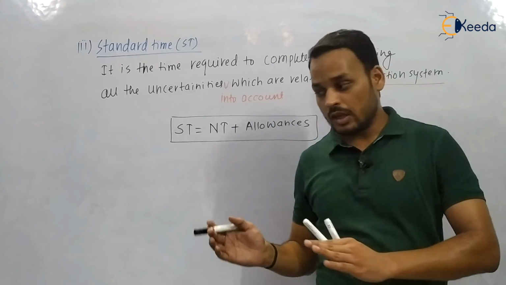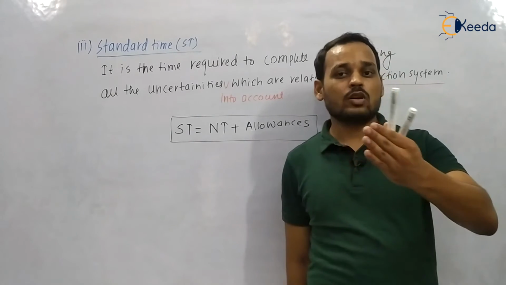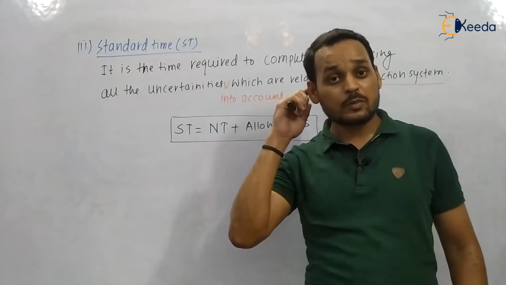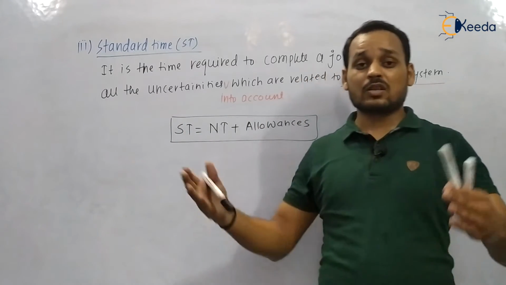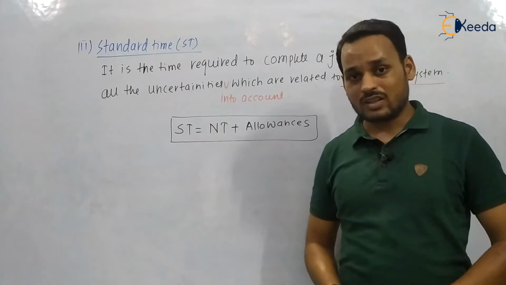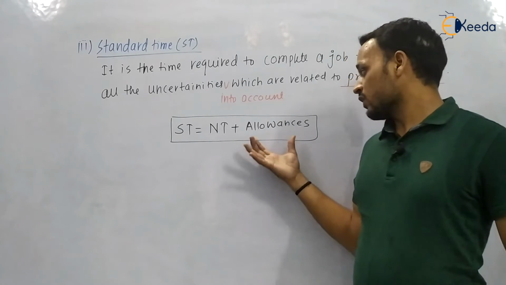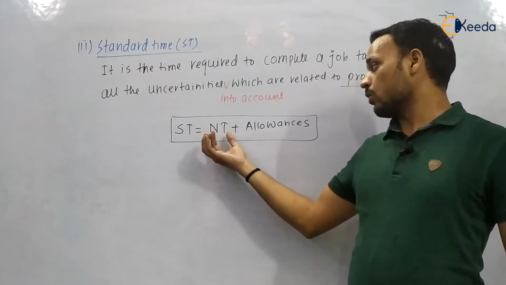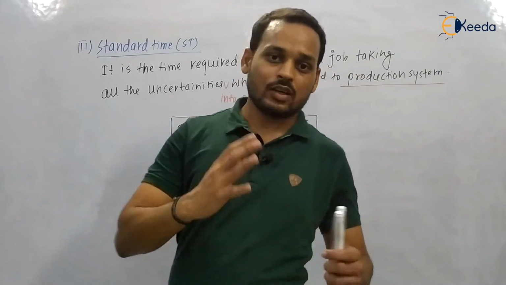You will have to tell him to take the rest. So these are known as rest allowance. You will have to provide him the personal allowance, drinking water facilities, washroom facilities. There may be some fatigue allowance, that he gets tired, so you will have to provide some fatigue allowance. There may be some company allowance. So standard time is normal time plus some allowance.